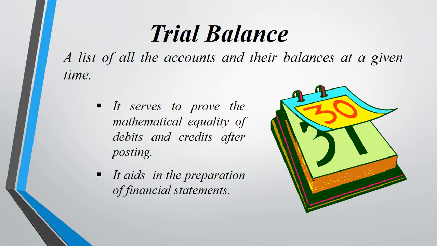So what does trial balance do? It serves to prove the mathematical equality of debits and credits after posting. We post the transactions from journal into the ledger, so there should be mathematical equality of the debit and credit sides in the trial balance. It also aids in preparation of the financial statements.